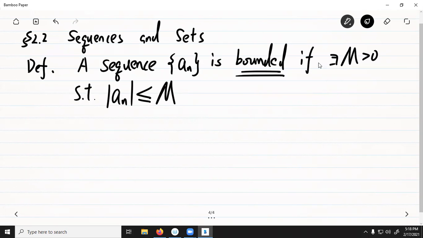This is for all n, n is from 0 to infinity. Okay. So this is called bounded.